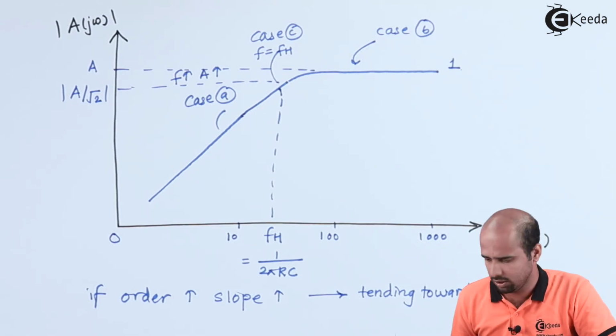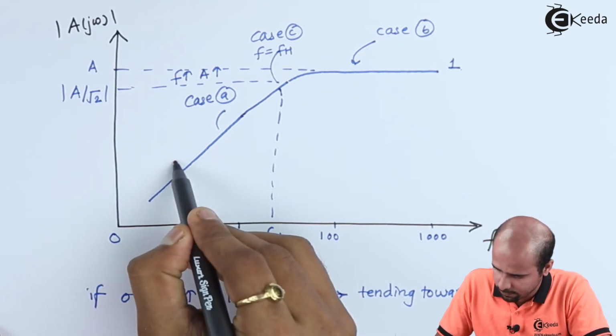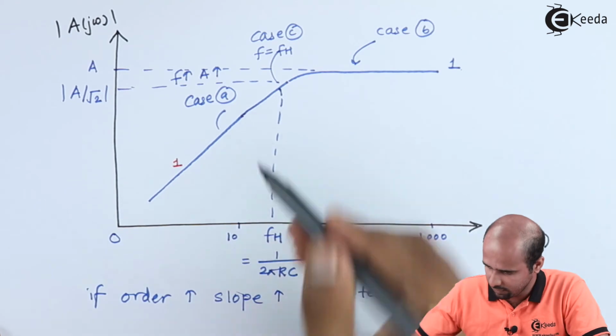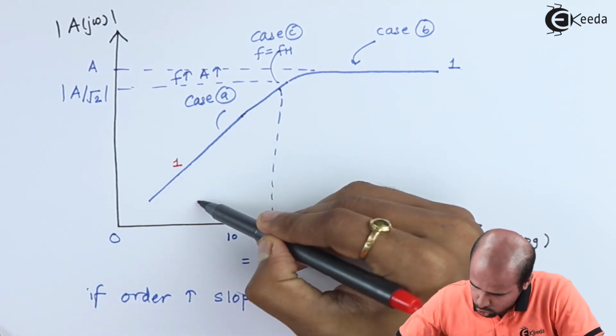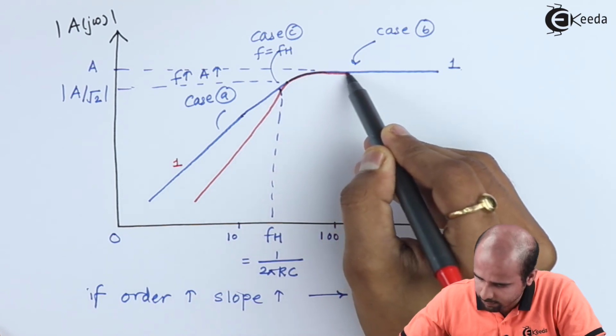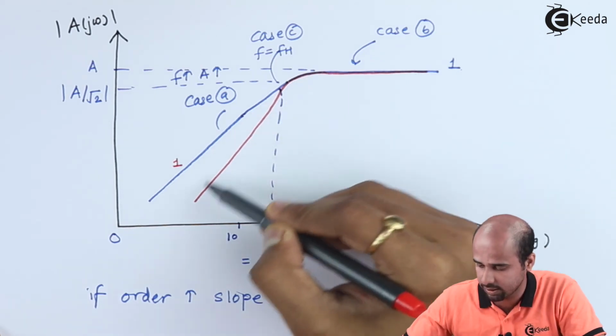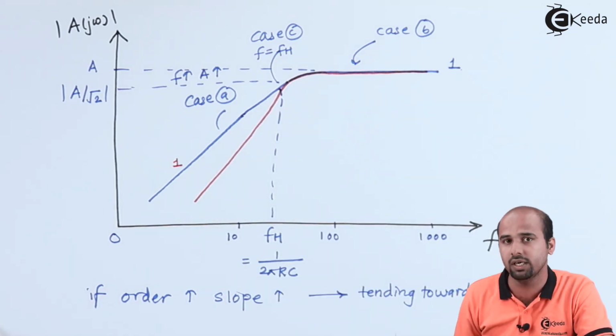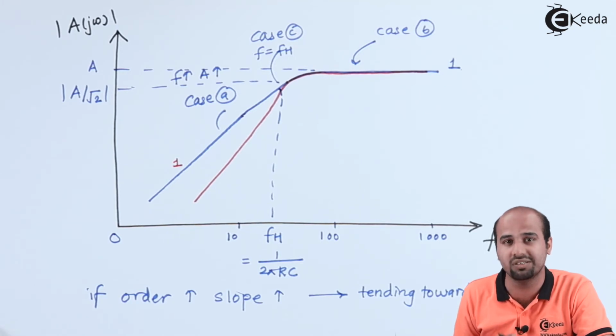So for example, if we take this as first order, we will take another order such that the slope increases and we get the maximum value of 1.